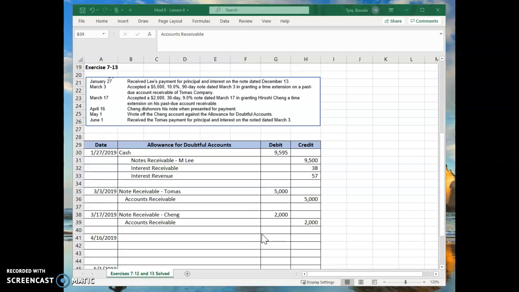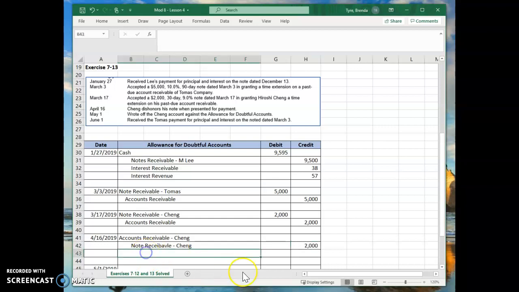On April 16th, Chang dishonored the note when presented for payment. So what we do there is we put it back in the accounts receivable for Chang. So that amount is going to be $2,000 plus the accrued interest. So we'll take it away from the note receivable. The note receivable was $2,000.